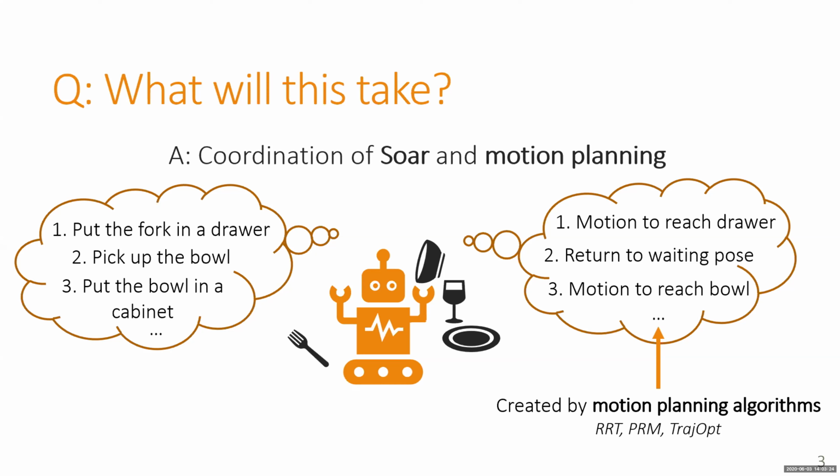Some examples of existing motion planners are RRTs or PRMs or trajectory optimizers like TrajOpt. The exact details of the specific algorithm aren't important right now, but what is important is that this is what allows a high degree of freedom arm to move through a world without hitting any obstacles.